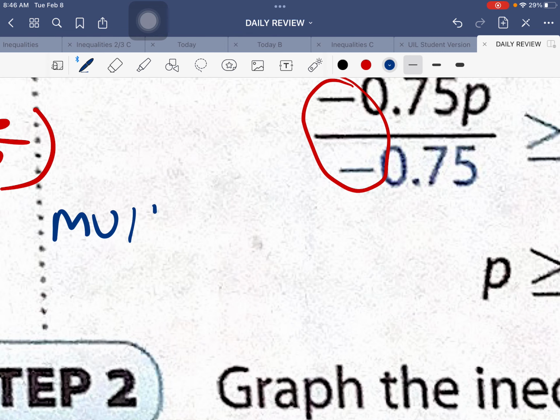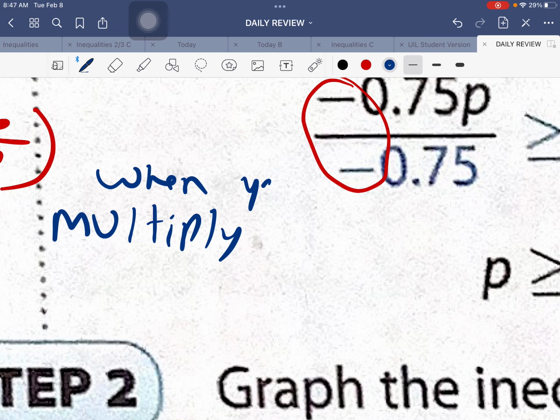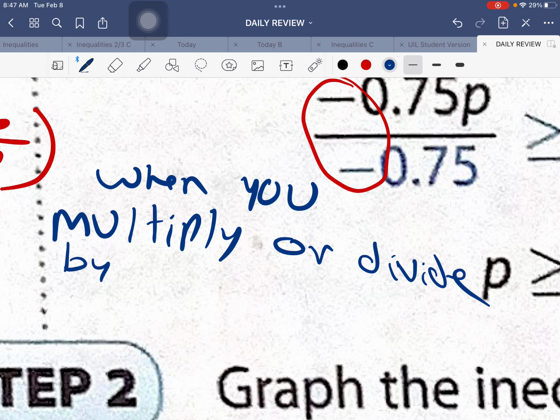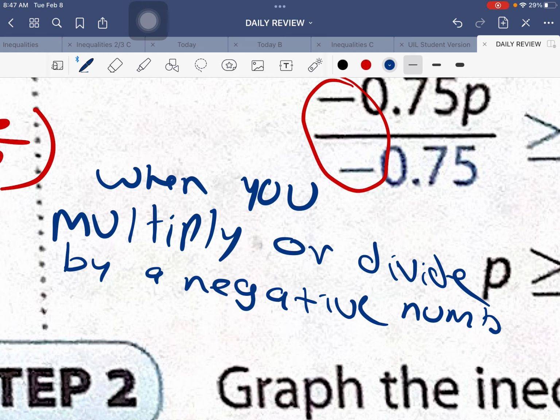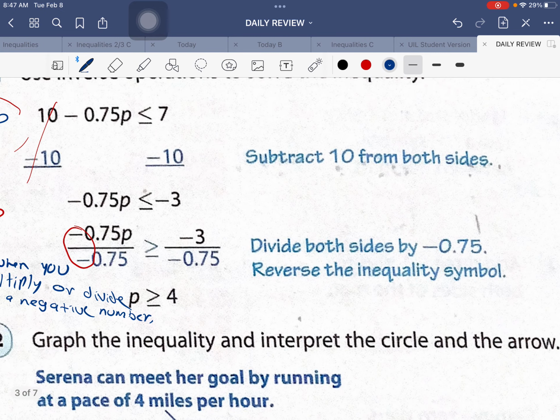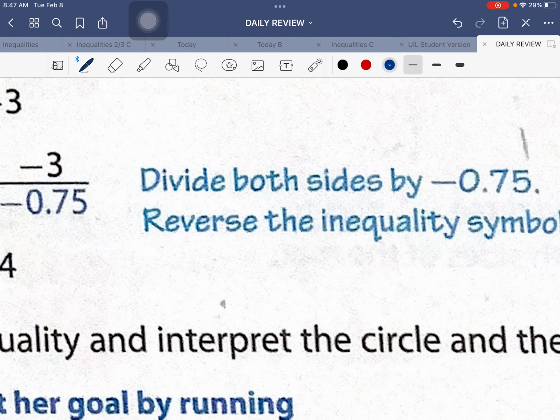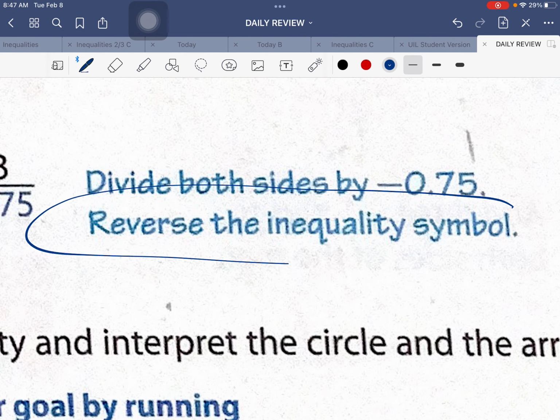When you multiply or divide by a negative number, you gotta reverse the inequality symbol.